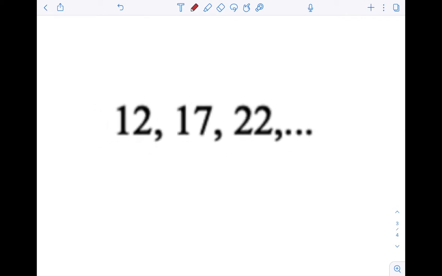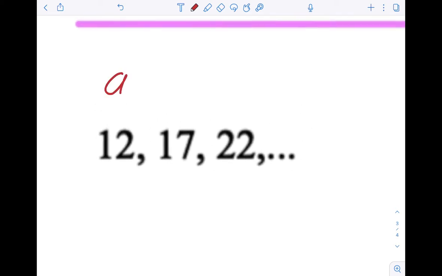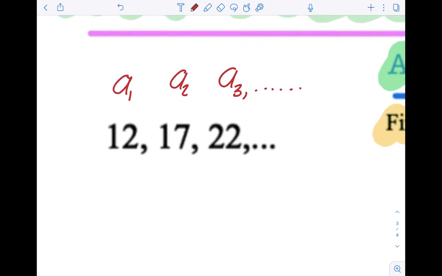The way we're going to write this is we're going to use the letter A, and the little 1 that goes to the bottom right of the A. This is called a term, and this is the first term. That means that this is the second term, and this is the third term, and it goes dot, dot, dot. It goes on forever. So that's what we're going to use for terms: A with a number on the bottom right-hand corner.